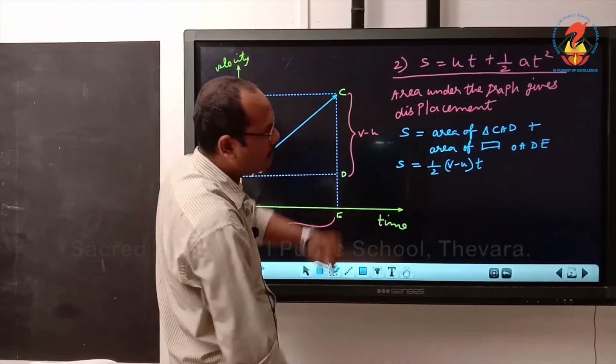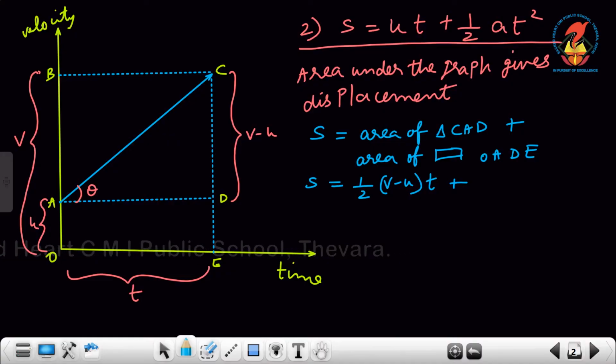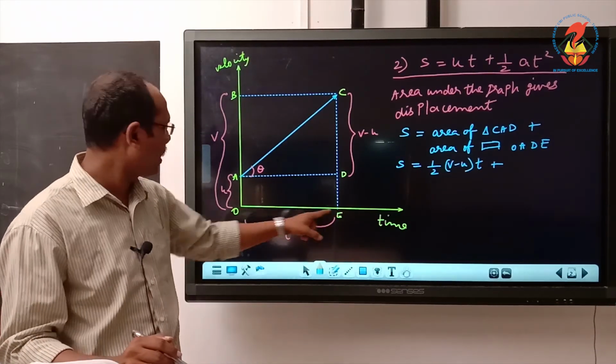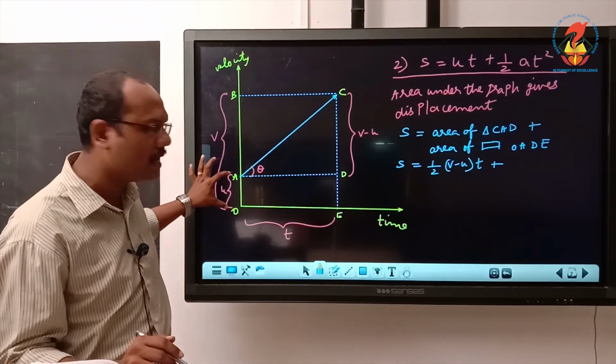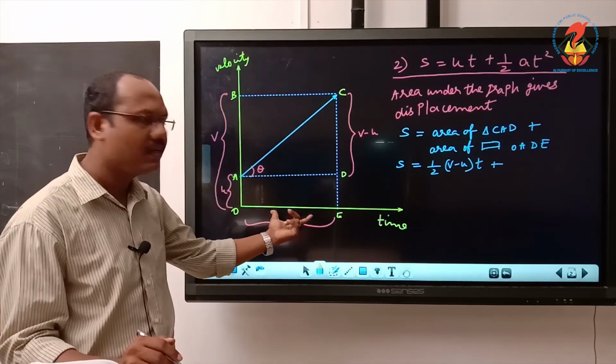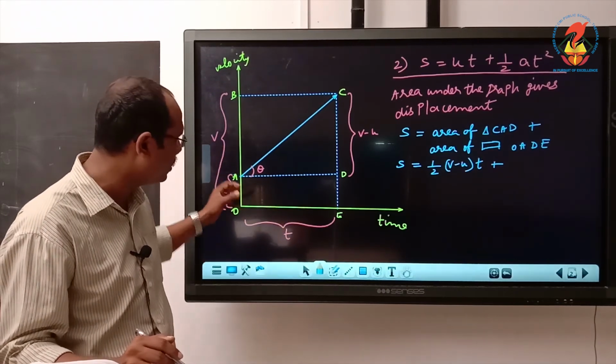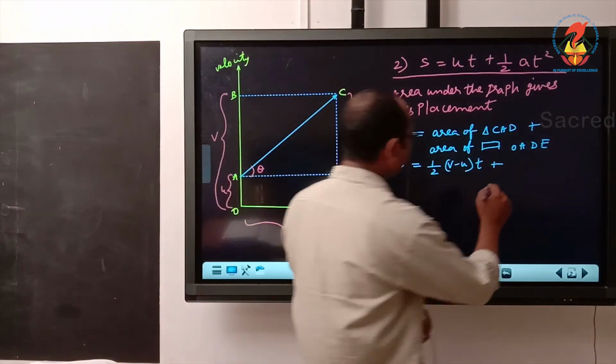So half into V minus U into T, plus area of rectangle, which is L into B. L means OE and B means AO. So L into B can be written as U into T. So UT.